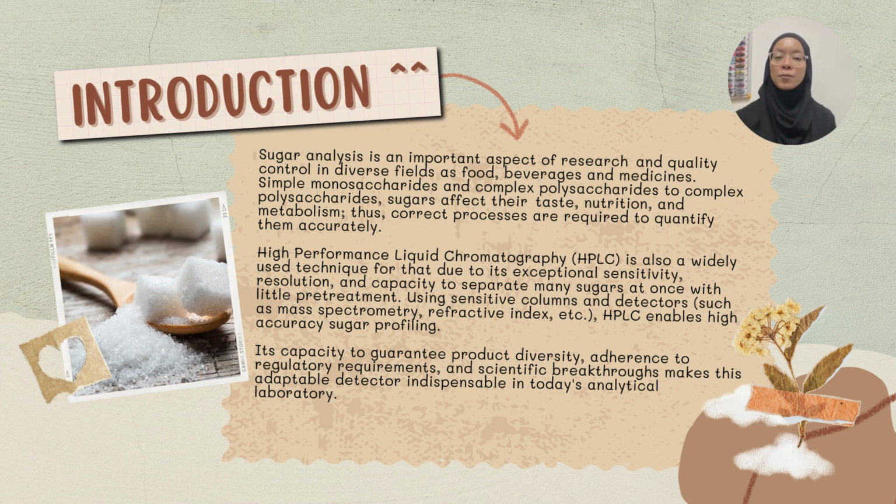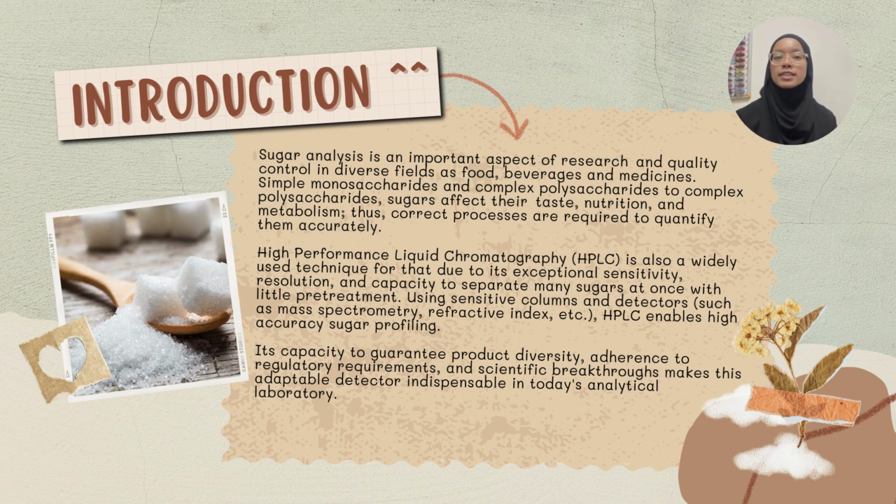High performance liquid chromatography, known as HPLC, is a widely used method for sugar analysis due to its exceptional sensitivity, resolution, and the ability to separate multiple sugars simultaneously with minimal preparation.